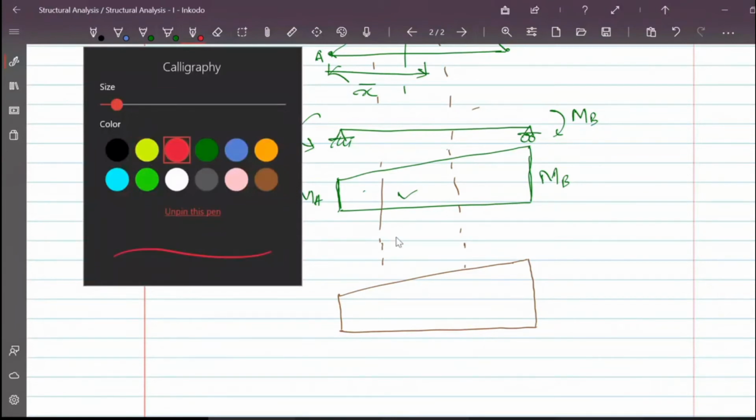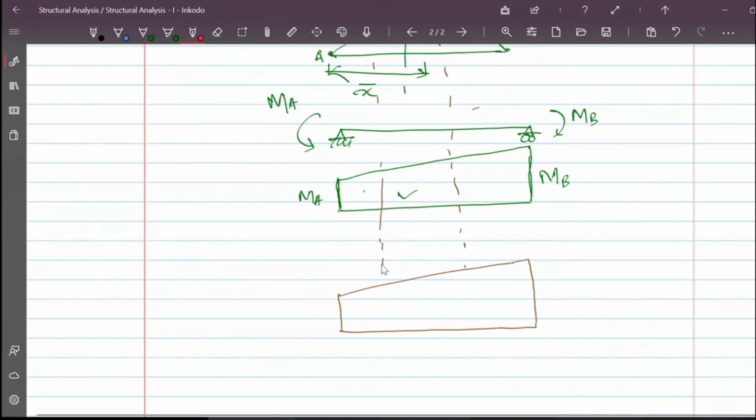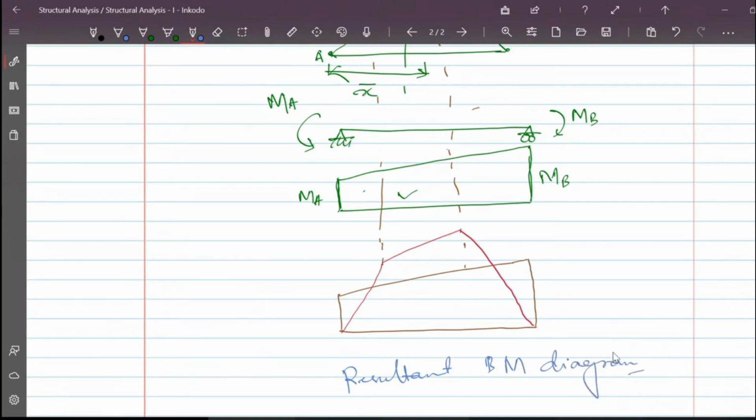Let me take the red color. This we call the resultant bending moment diagram.